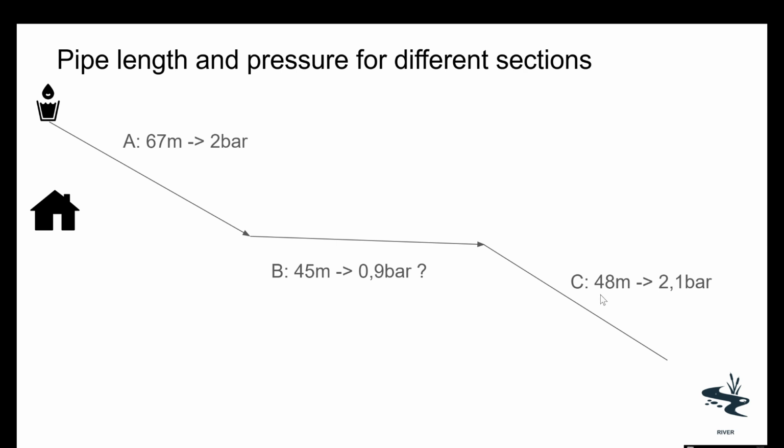Anyway, section C is 48 meters and 2.1 bar, so this is the steepest section. As shown, my house is around about here, which is relevant mainly for the cable length from the turbine to my house.